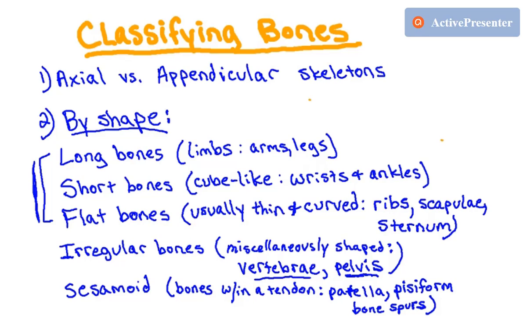Now the only other shape or classification of bone is called suture or sutural bones. And those are just little tiny bones that happen to form within sutures. You'll be familiar with sutures studying the skull.